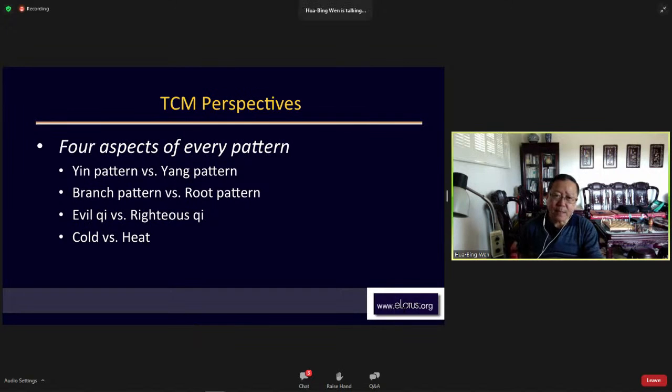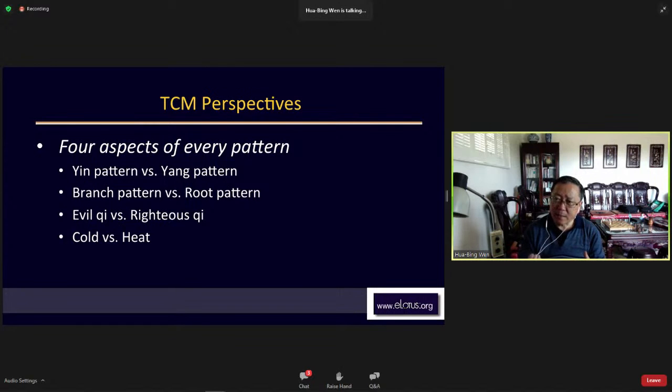So in TCM, the yin pattern versus the yang pattern is basically the assessment of how much toxin versus how much deficiency. So that balance is first thing first, always keep that in mind. Because they may have already finished chemotherapy, but they still have a lot of excess.